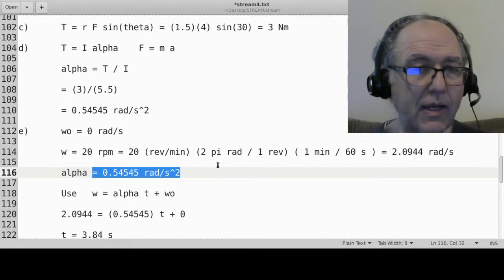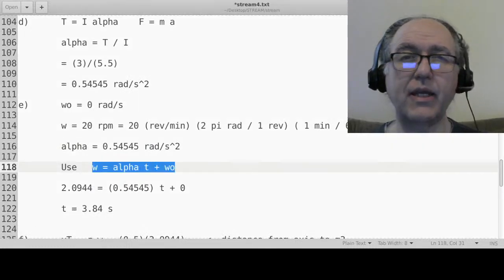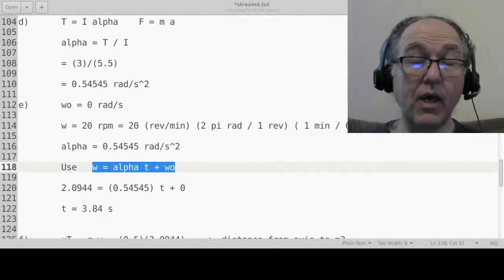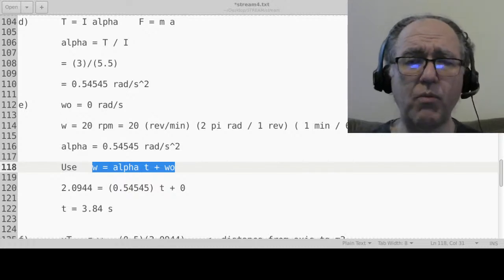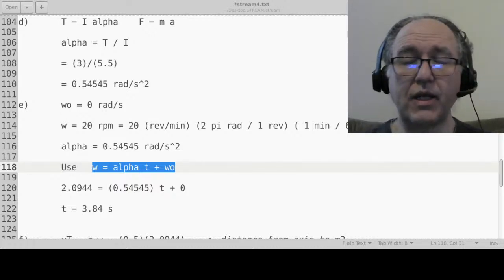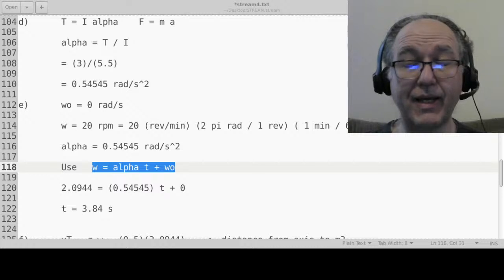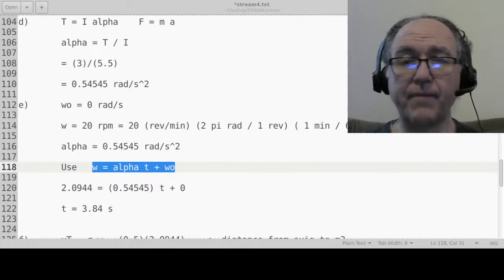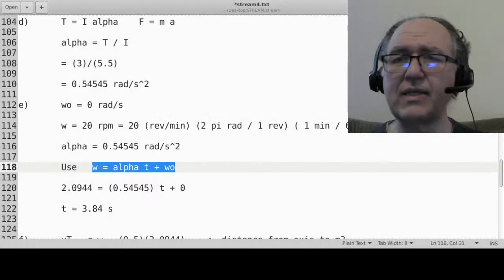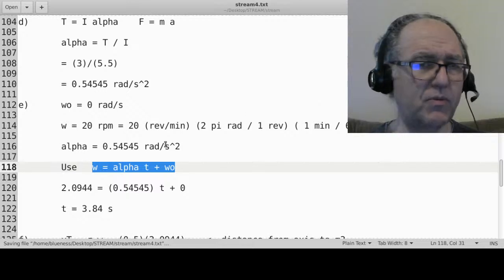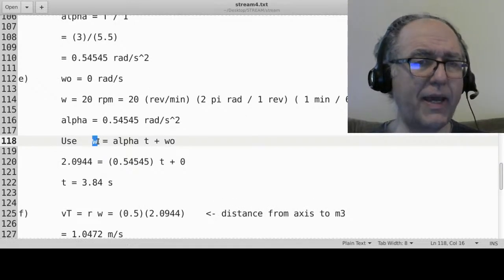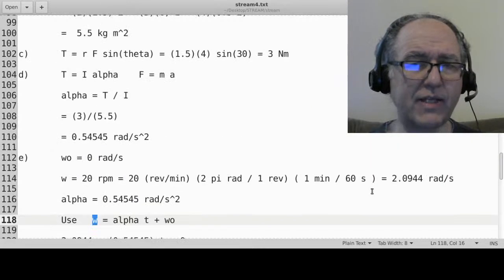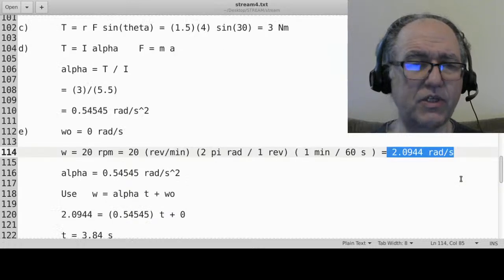Okay, and I didn't write down all of our kinematic equations. You have them in your notes, but if you look through them, it's pretty obvious that we need to use omega equals alpha t plus omega naught, because we want to solve for t. It's the easiest of the three, but we've done problems with the other ones. Do we know omega, the final angular velocity? Yeah, it's that quantity right there. We just found that.